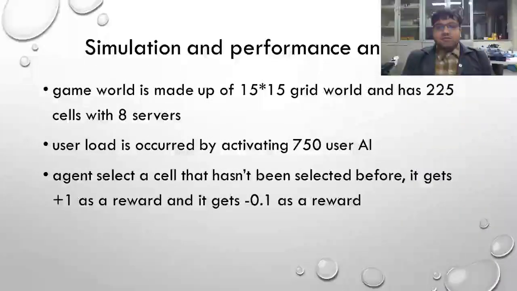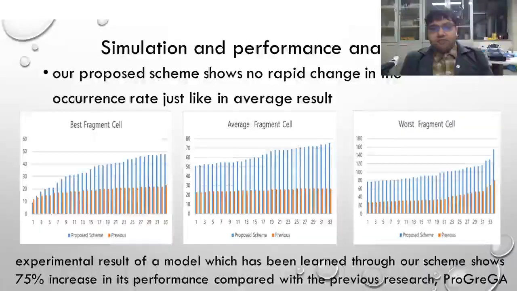So the negative reward discourages this kind of action, and the positive reward encourages it. After some cycles running through this whole system, it gives a proper result and an optimized server system. Now, let's talk about the simulation and the performance analysis.